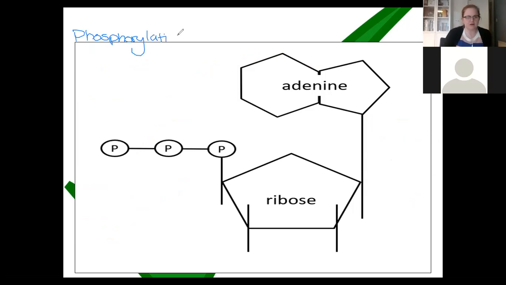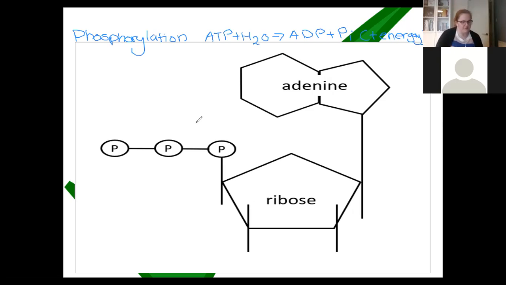Phosphorylation. The inorganic phosphate that we break off, so we have hydrolysis of ATP. Let's pop that in again. ATP plus H2O becomes ADP plus Pi plus energy. We obviously have this inorganic phosphate now that's loose.